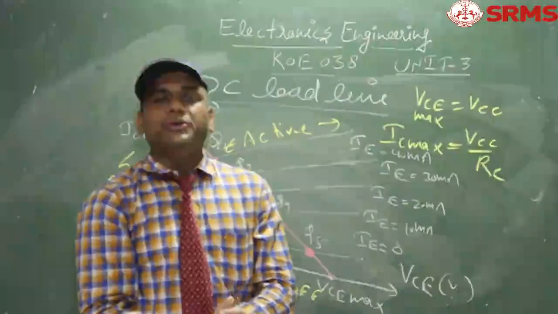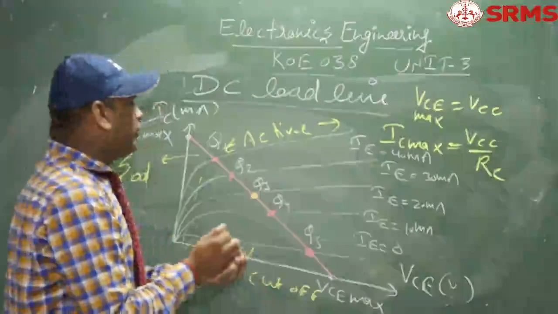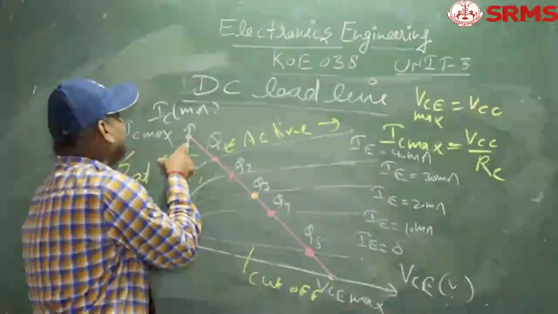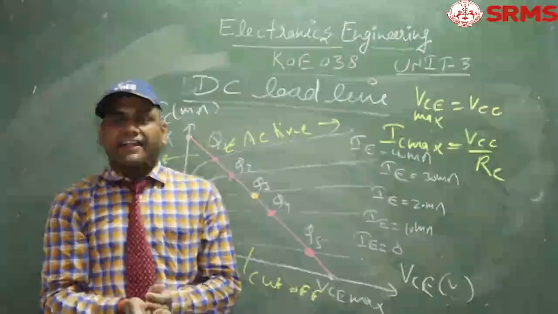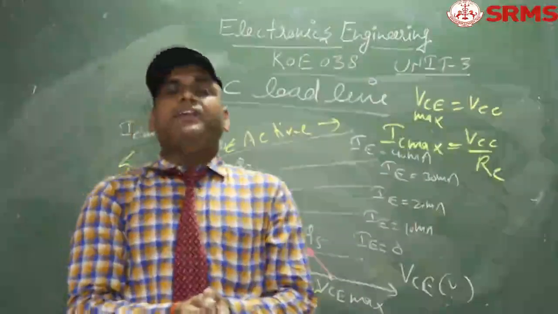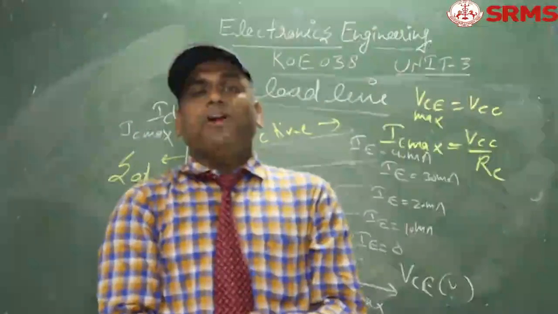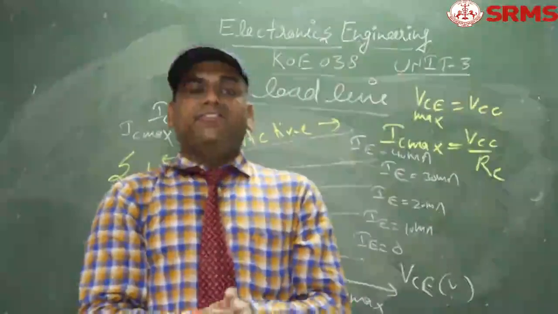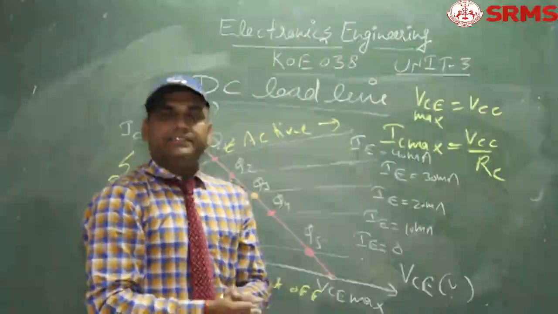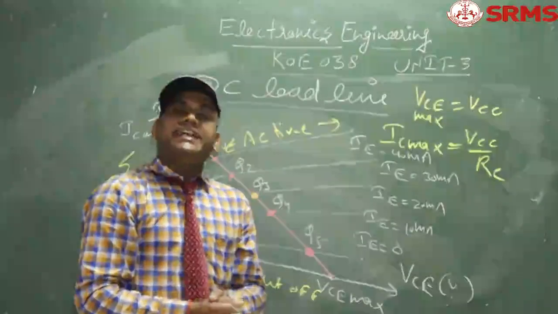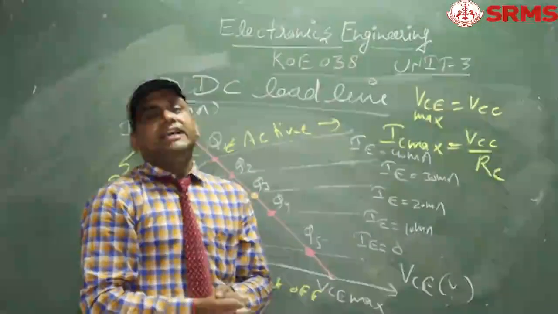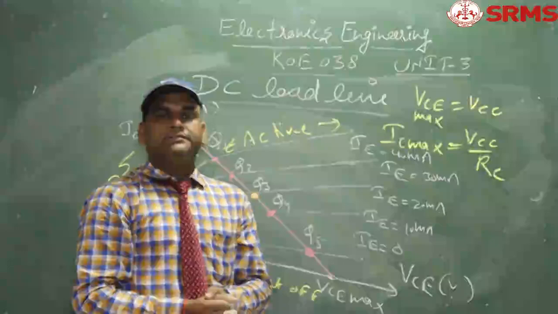If you want to use the transistor as an on switch, your Q point must lie in the saturation region. Is that clear? So with the help of biasing, we can change the location of the operating point according to our application, in which area you want to use the transistor, whether as a switch or as an amplifier. Thank you.